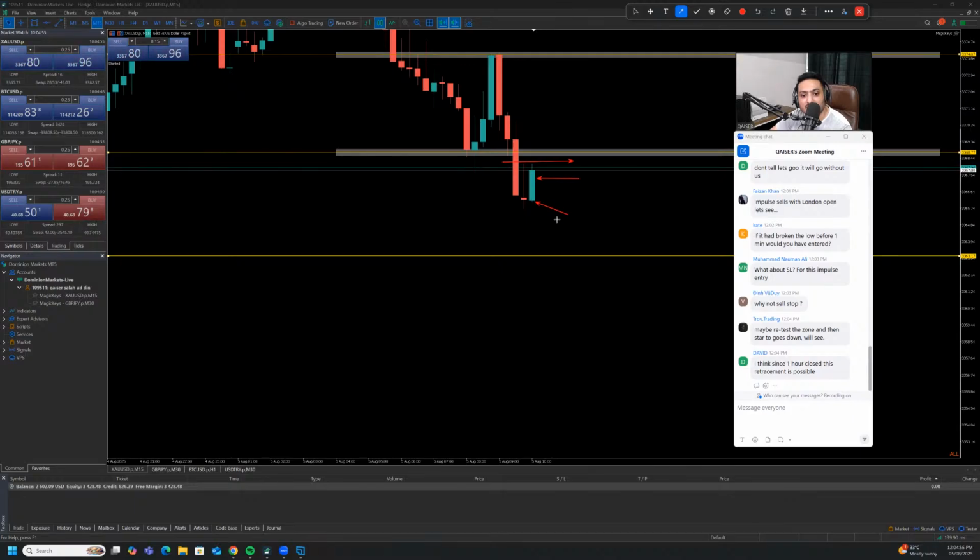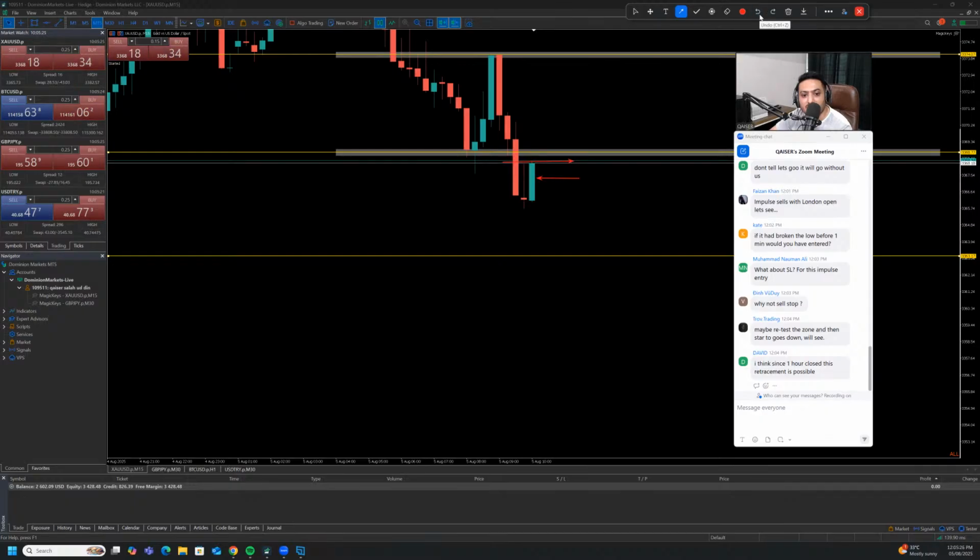So in this scenario, if it breaks above the high of the previous candle and after that rejects and breaks its own low, then I'm not going to wait for the candle to break the low of the previous candle. I'm just going to execute here, because if the candle breaks above the high of the previous candle, then there is no business for the current candle to break its own low.